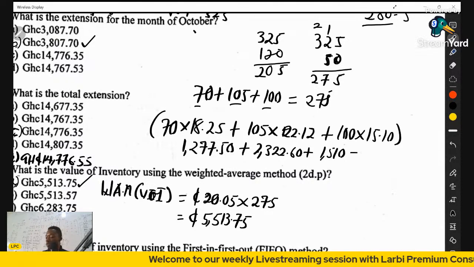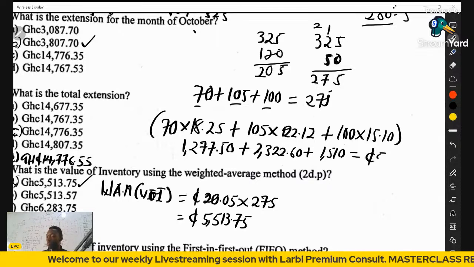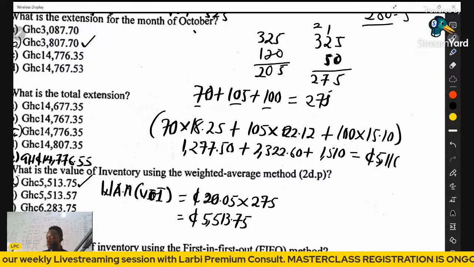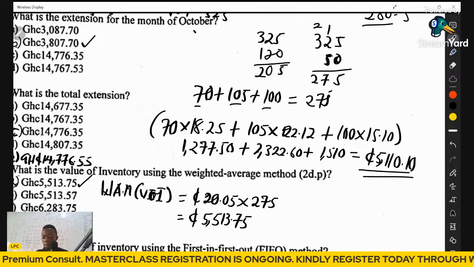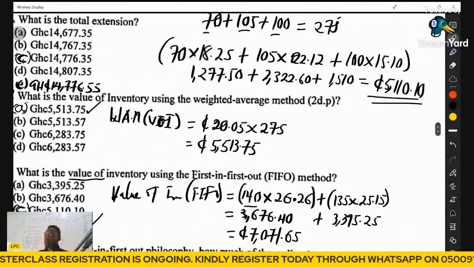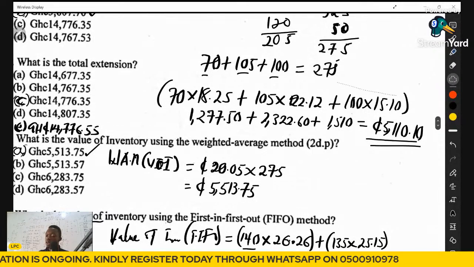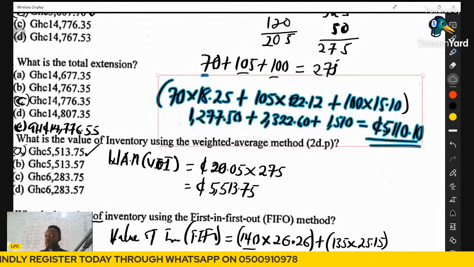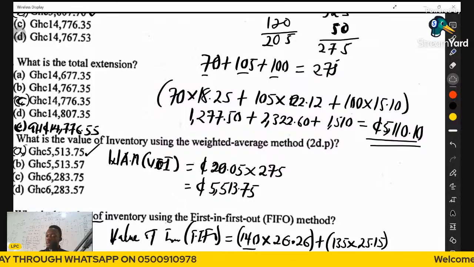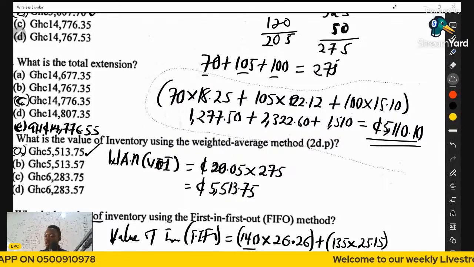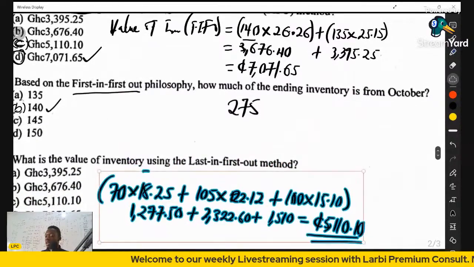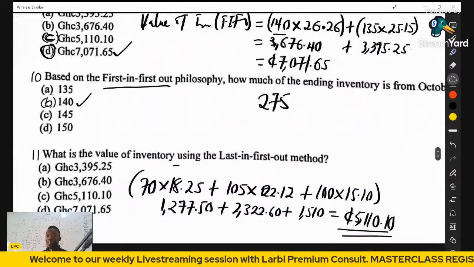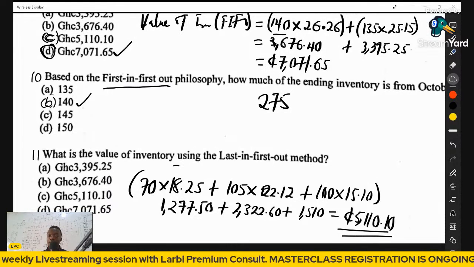When you sum them all up, you should be able to get 5,110.10. This is what we're going to get as our ending inventory when we are using last in, first out. So let's take note of that.